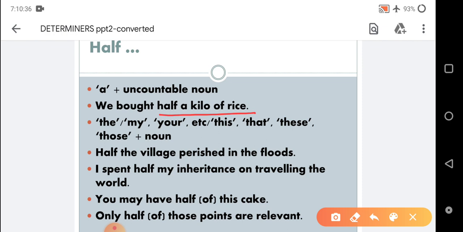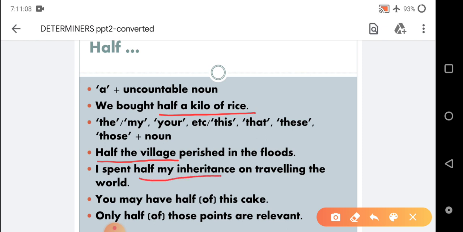Half is also used with possessives and demonstratives followed by a noun. Some of the examples are half the village perished. We are talking about a particular village, we are being specific, so we use the definite article the plus half before the village because we are talking about half of that particular village.